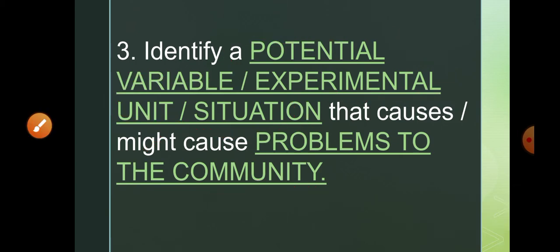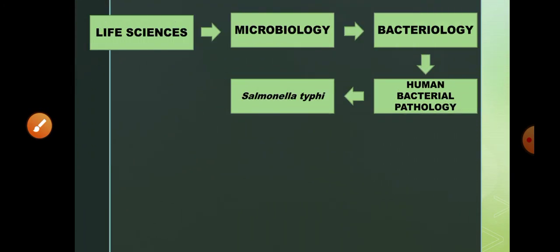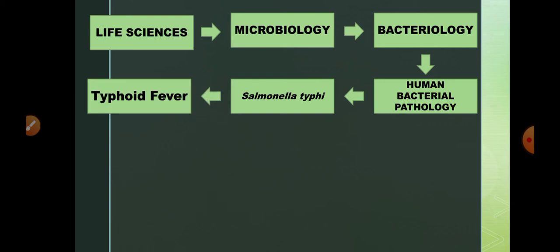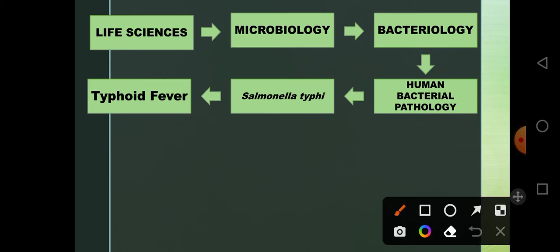So let's take a look at our next example. So after identifying Salmonella typhi as our potential variable that can cause harm, you found out that in a certain community, there is a huge outbreak of a disease known as typhoid fever. Okay? And this typhoid fever, class, is actually a disease caused by Salmonella typhi. Okay?